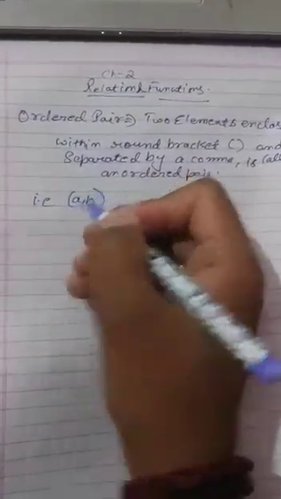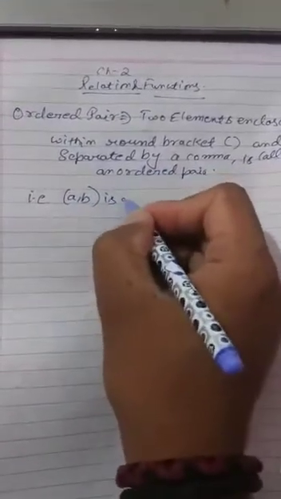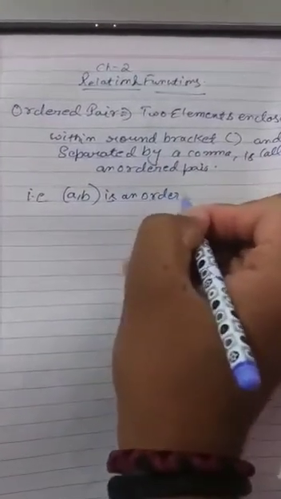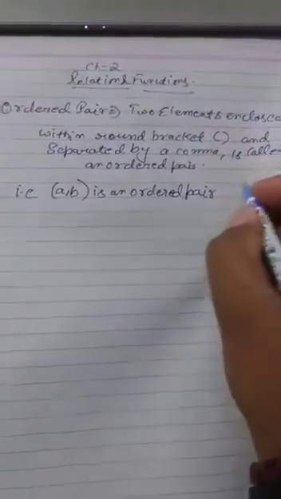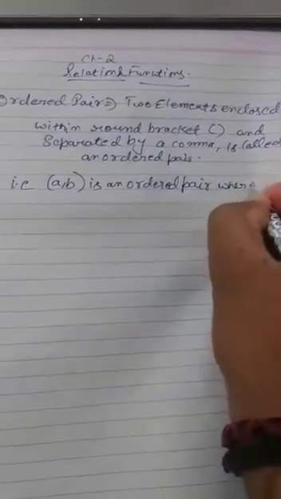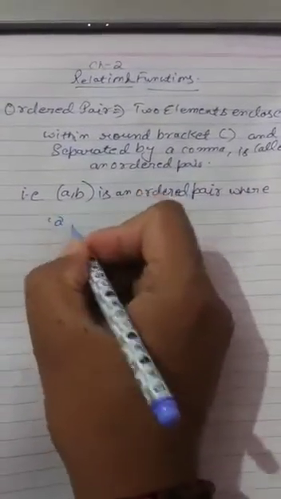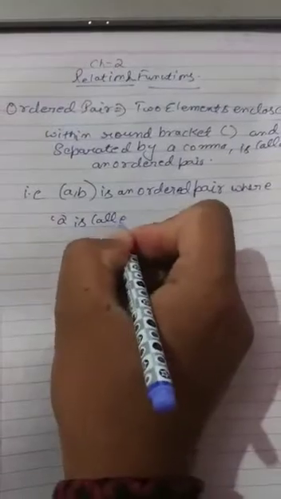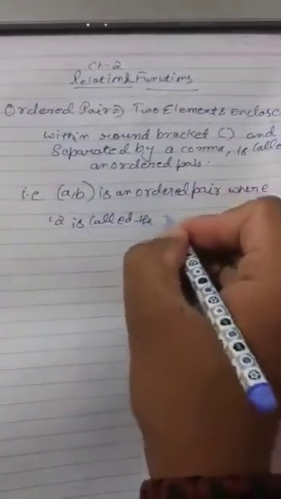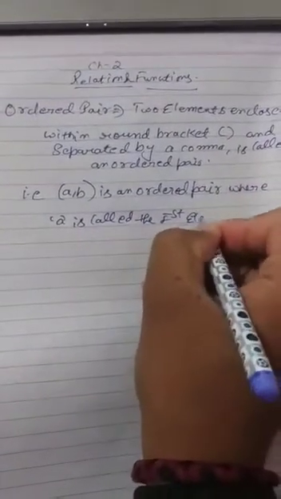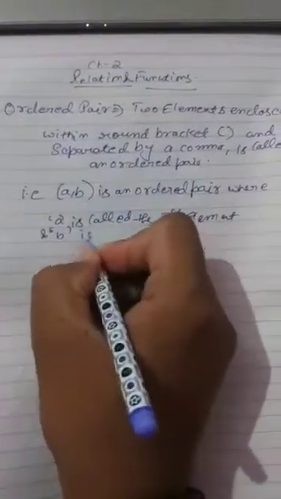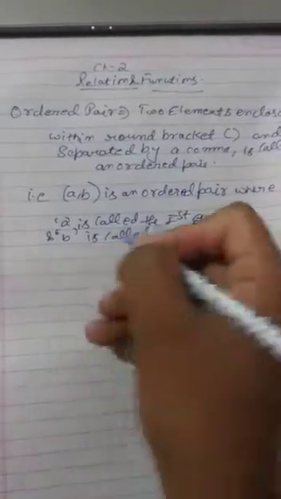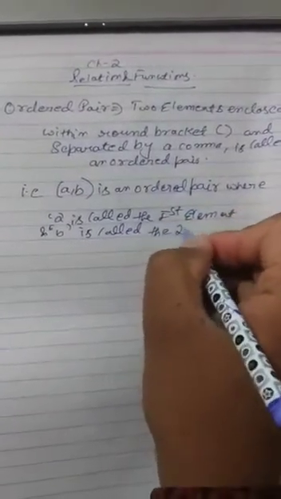That is, A comma B is an ordered pair. Where A is called the first element and B is called the second element.